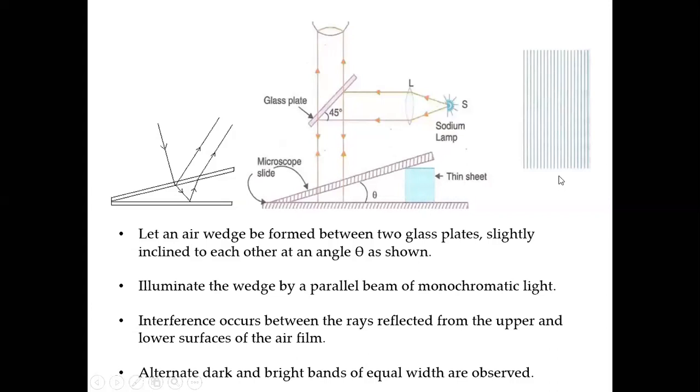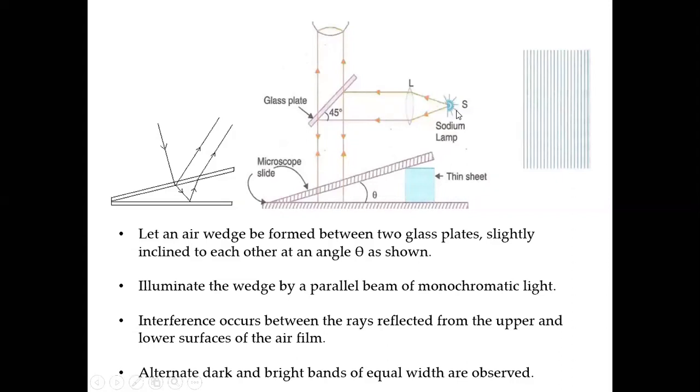Let us now try to understand the theory of interference of light on an air wedge. So let us take one such arrangement of an air wedge and let S be a monochromatic source.